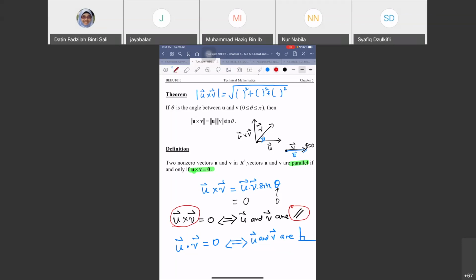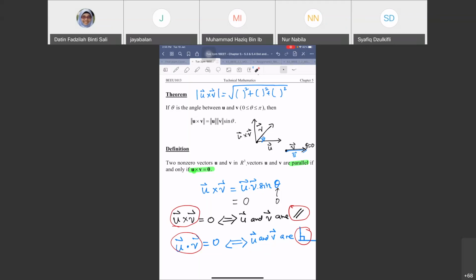So for the dot product, the important concept is about orthogonal vectors, or perpendicular vectors, which means the vectors make 90 degrees in between. Whereas for the cross product, the important concept is about parallel vectors, in which the cross product equals 0.